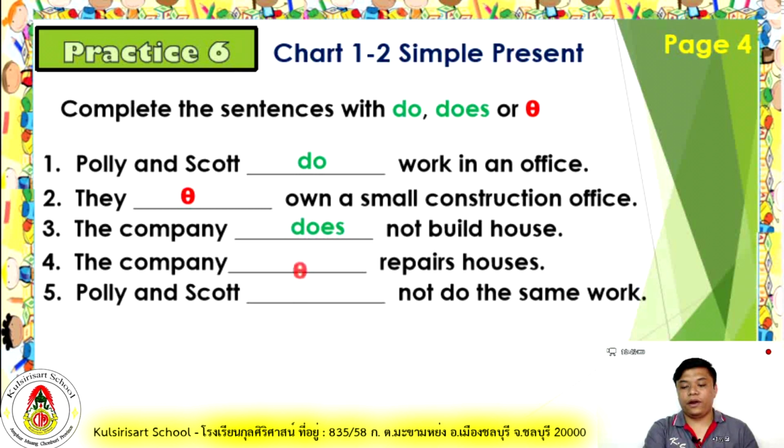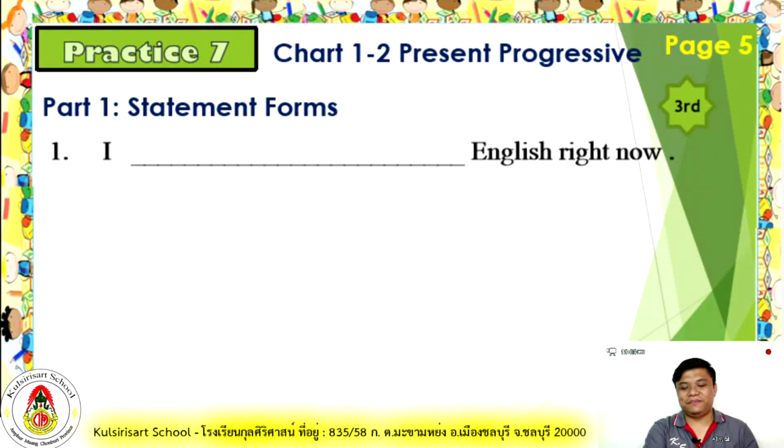And number 4, the company repair houses. The company repairs houses. This is already correct. So we put the number 0. Holly and Scott do not or does not. Plural noun. Do not. Very good. Good job.